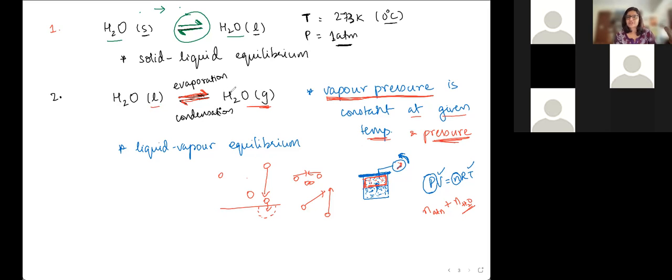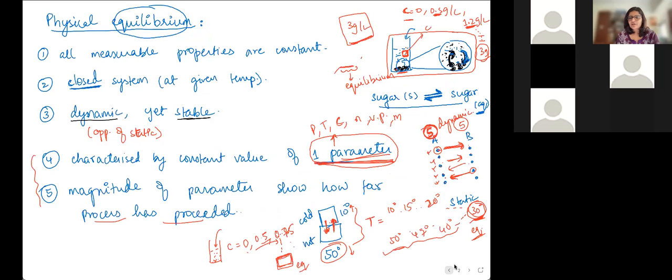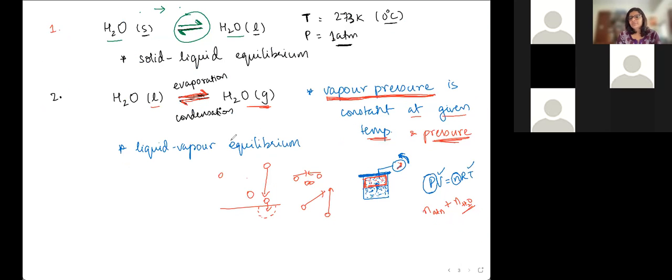Evaporation is one process, condensation is the opposite process. During this equilibrium, vapor pressure is the thing you're going to track. This is the constant. We talked about every equilibrium being characterized by one parameter, right? So in a liquid-vapor equilibrium, that parameter is the vapor pressure.